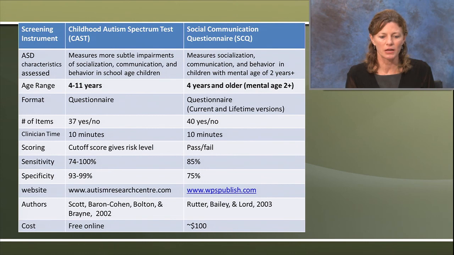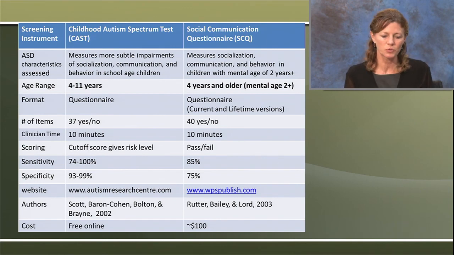Next, we have the Childhood Autism Spectrum Test, or the CAST. This used to be called the Childhood Asperger Syndrome Test. So be careful if you're downloading this because it is free and online. Make sure you get the right one. This is for children 4 to 11 years, so it's really school-age children. So again, unfortunately, we're not identifying all of our children before the age of 24 months, 36 months when we would like to, and so it's important to have a screener for those older children as well.